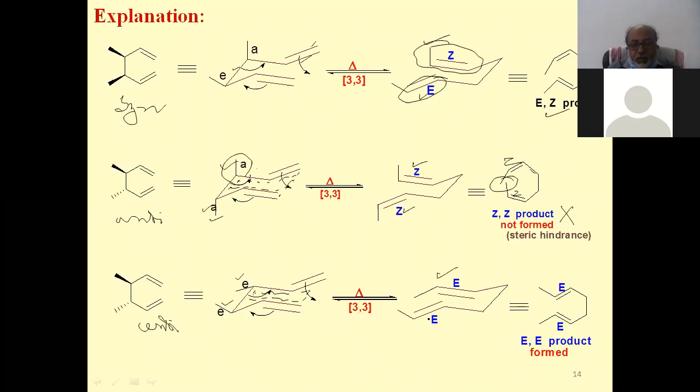What is going to be the product? This is E, just see, this is trans, so it is E, and this is also E. So the EE product is formed, and here the other one is not formed. That is because of the steric hindrance. So this is a very, very important step that you have to remember.